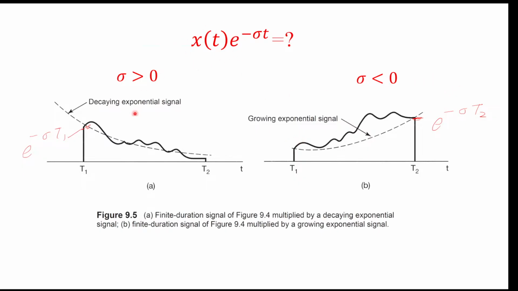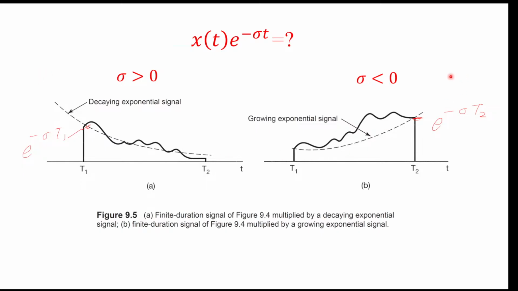Then we have our x of t multiplied by that exponential decay or growth, and this function looks like this. We want to show that these will always be absolutely integrable.